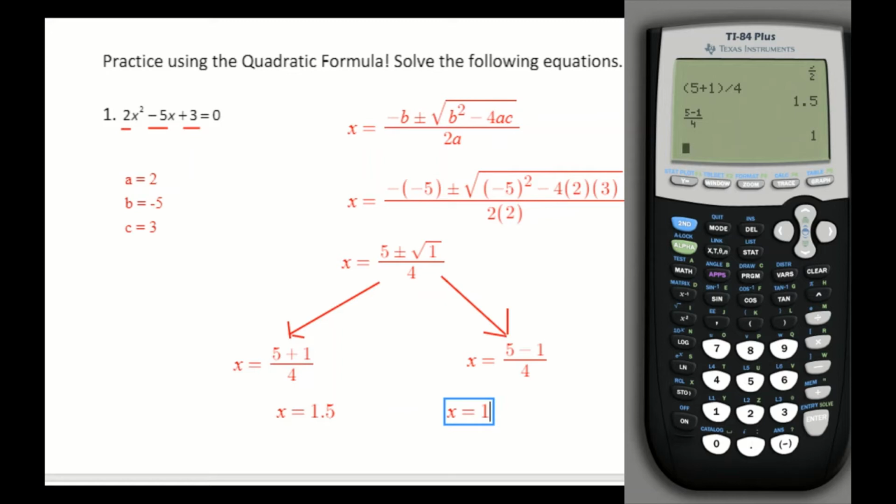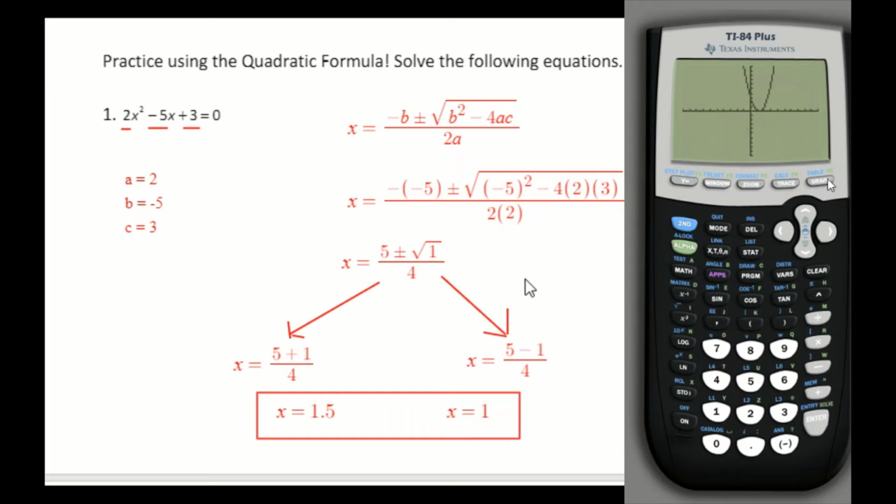So we get 2 answers, and we were expecting 2 solutions that were pretty close to each other, and these look pretty dang close to each other. Just looking back at the graph here, it does sort of appear that our solutions are at 1 and 1.5. See, so we're getting a solution like here, and then another one right here. And so that matches up with what we got algebraically.